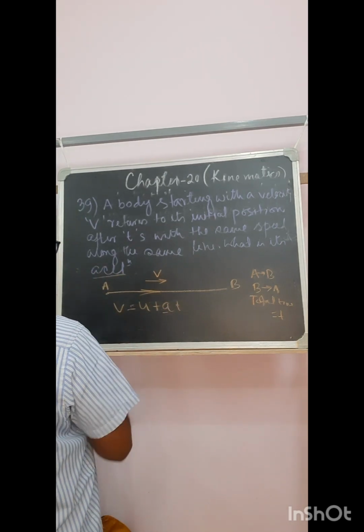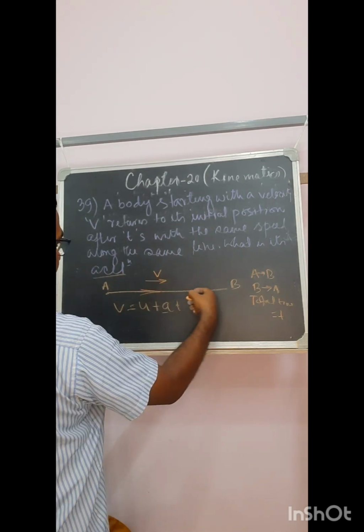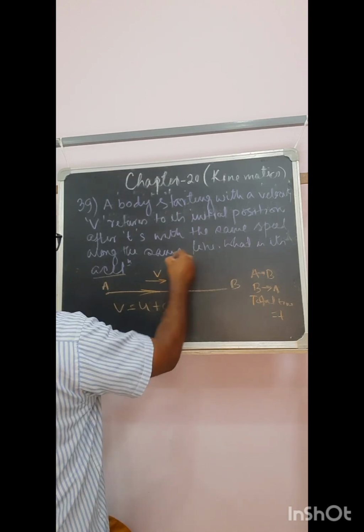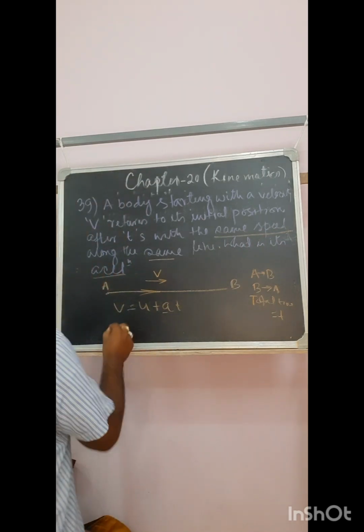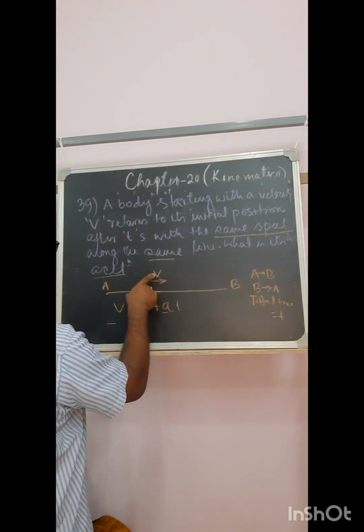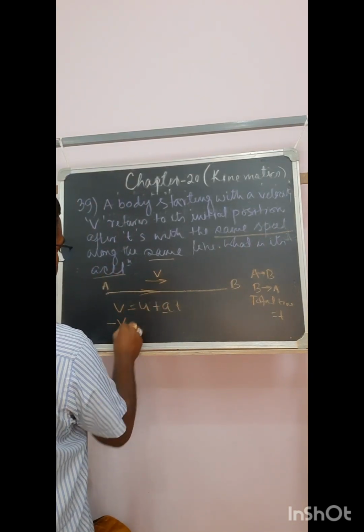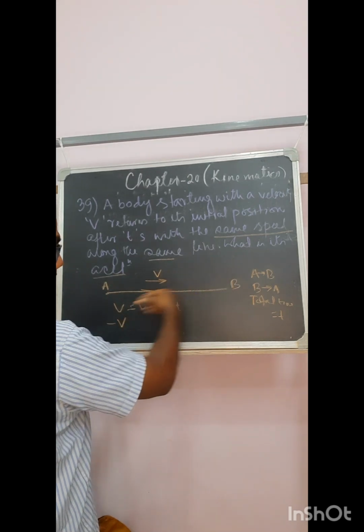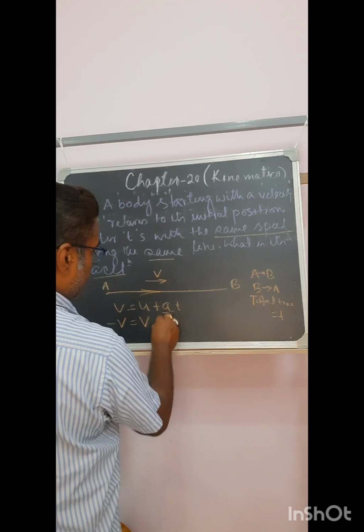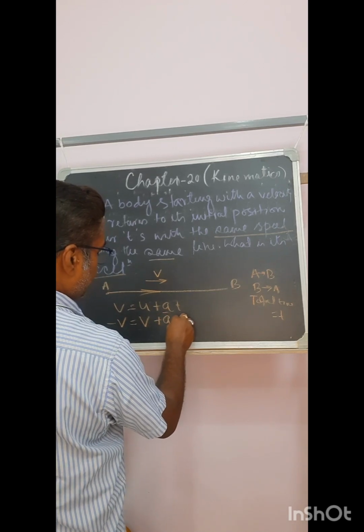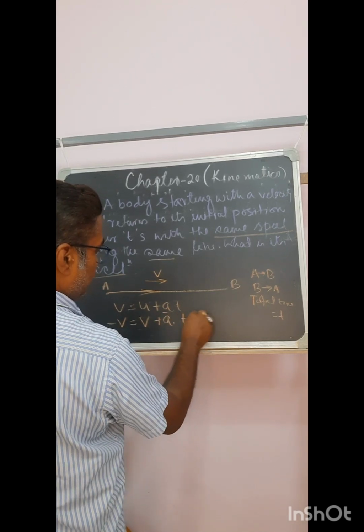Now the final velocity is what? The magnitude is the same, the same speed. So if I say the initial velocity is v, the final will be minus v, because the direction is changing. So the initial velocity is v, the acceleration I assume a, and the total time t.